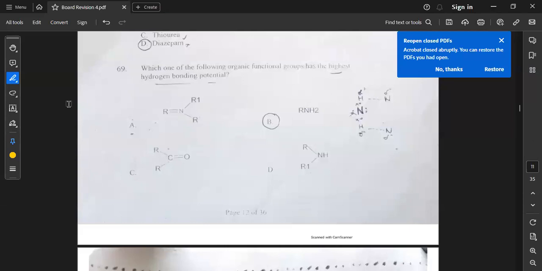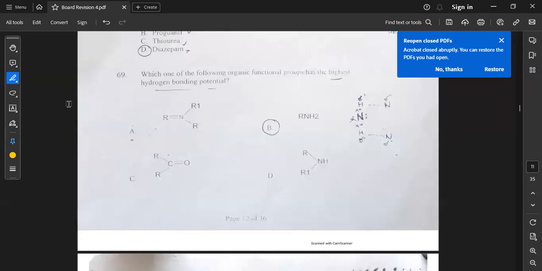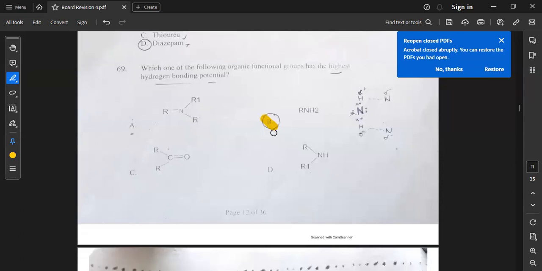Based on the structures displayed, which group will have the highest hydrogen bonding potential? I think B, because it has 2 hydrogens compared to every other molecule. So choose B. Anyone else with a different opinion?